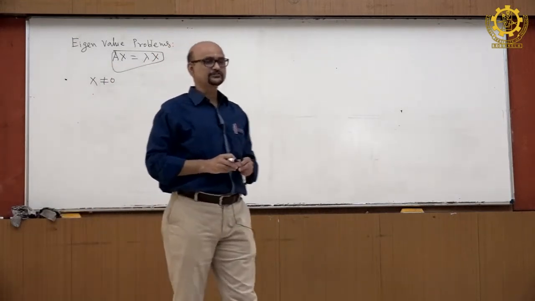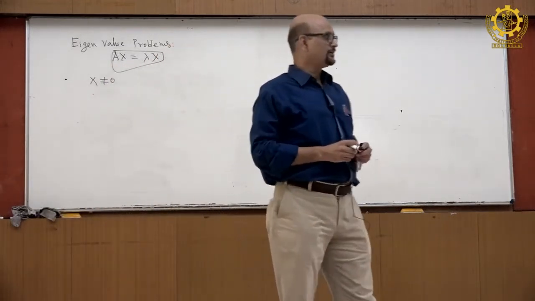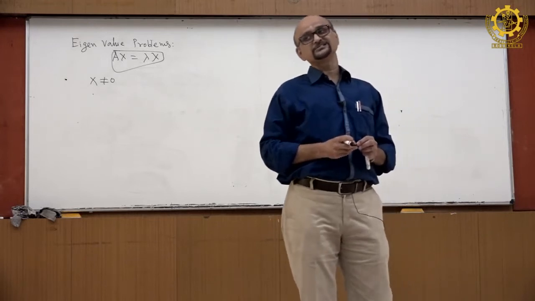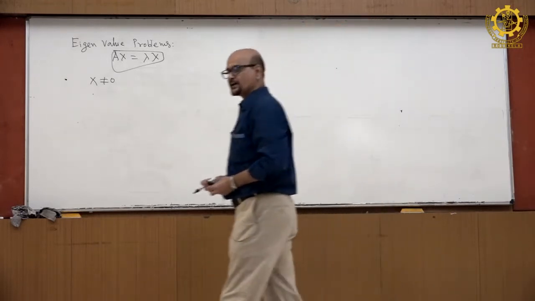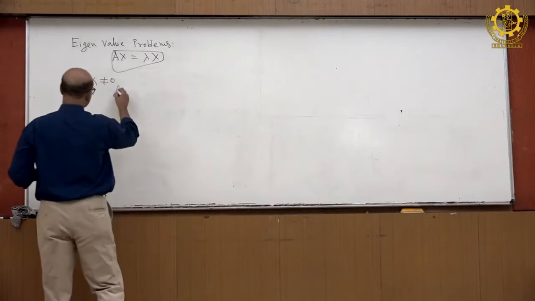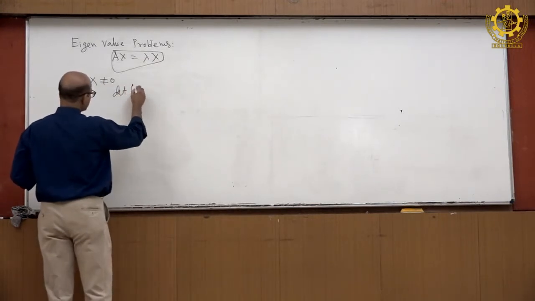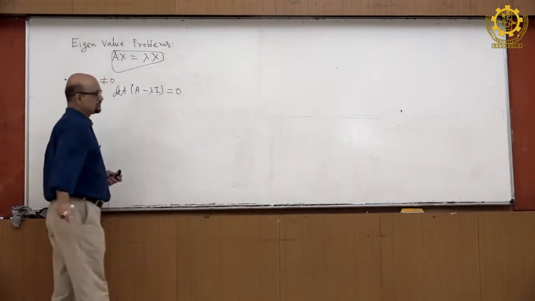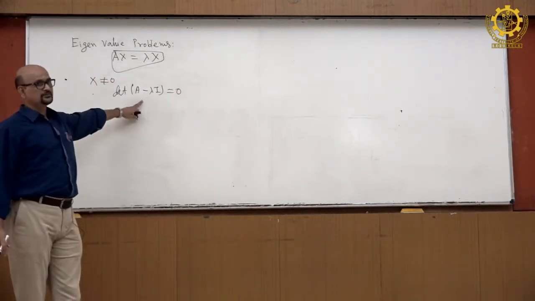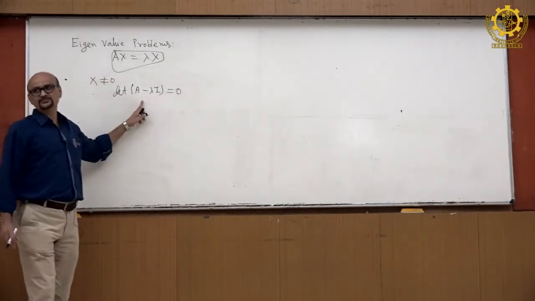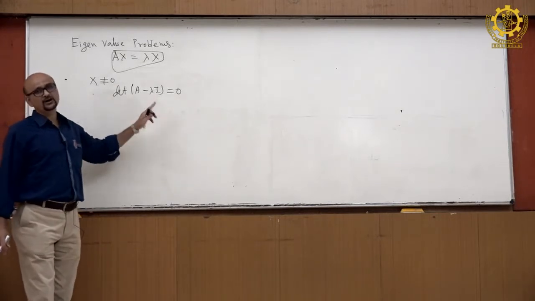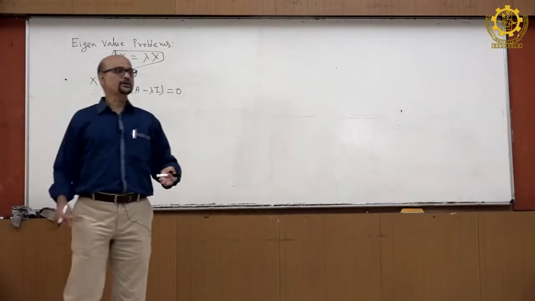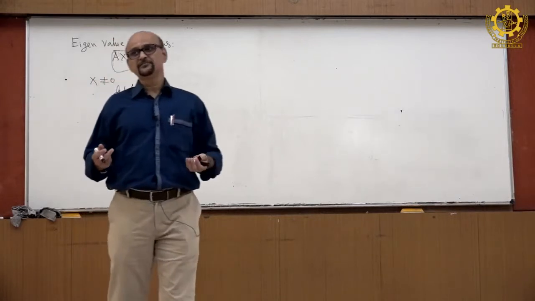We had also discussed that we had already studied these eigenvalue problems, and earlier you were finding determinant of A minus lambda I is equal to 0. From there you get the characteristic equation in lambda depending upon the order of the matrix.